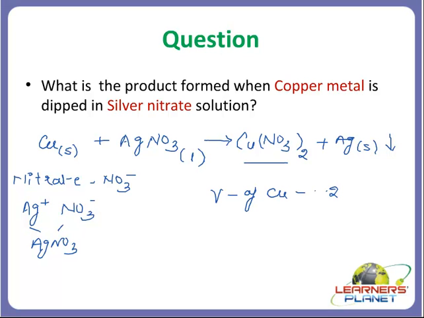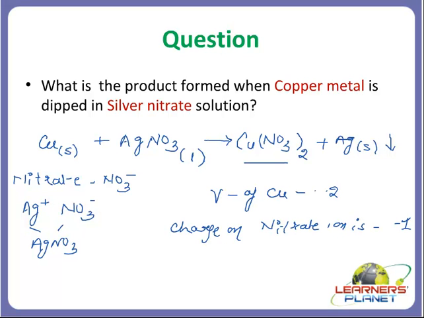It would be copper is 2, and you know that the charge on nitrate ion is -1, right? So, if I cross multiply these valencies, this is a charge, that's why I've written minus.